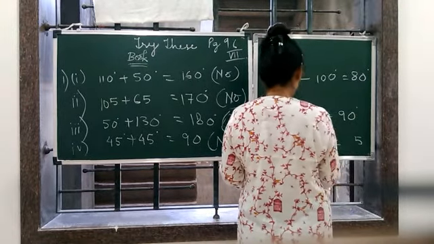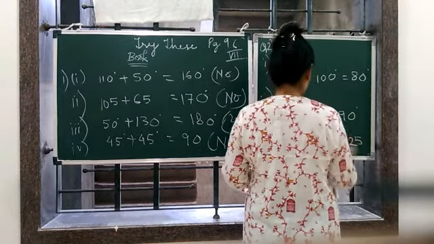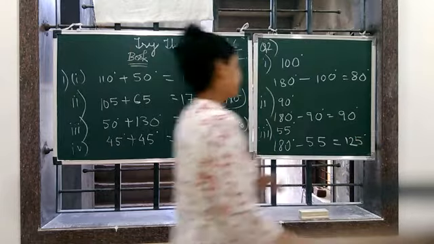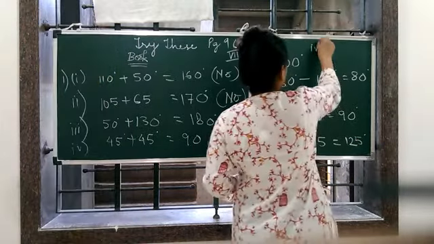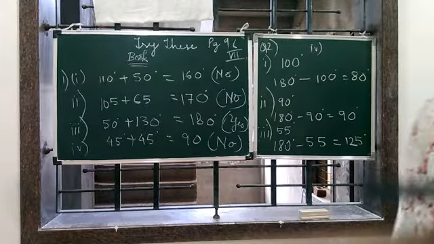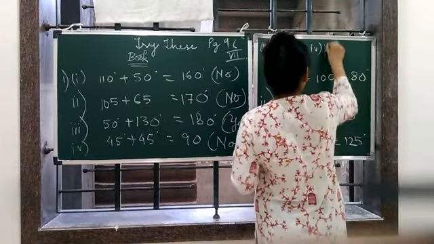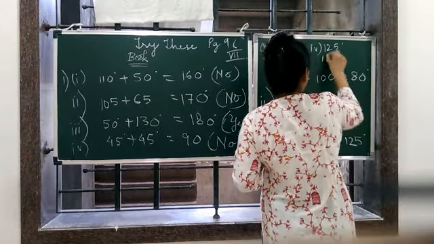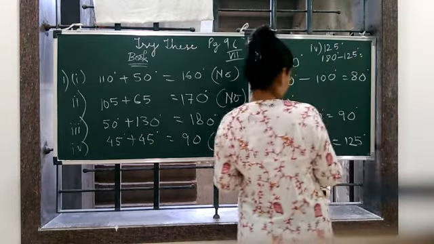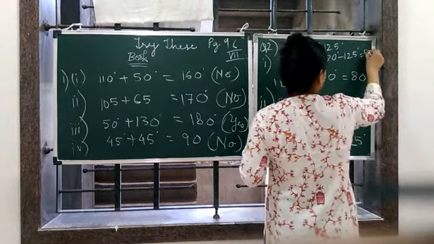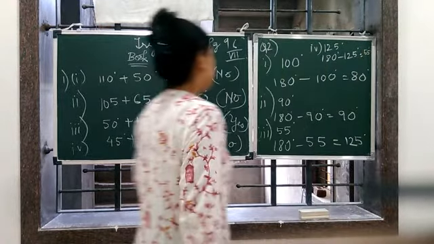This becomes 7 minus 5 is 2 and this remains 1. It is 125 degree. This completes the third one. We do the fourth one. I am doing it here. Fourth one is how much? 125 degree. So we subtract 180 and 125 and in return we get this 55. You can see.